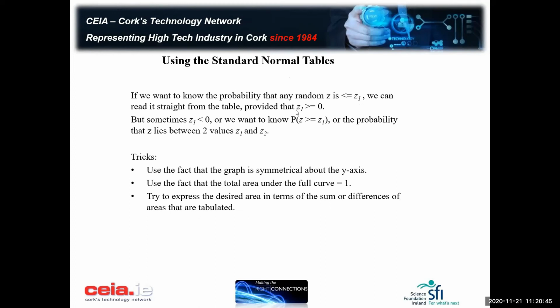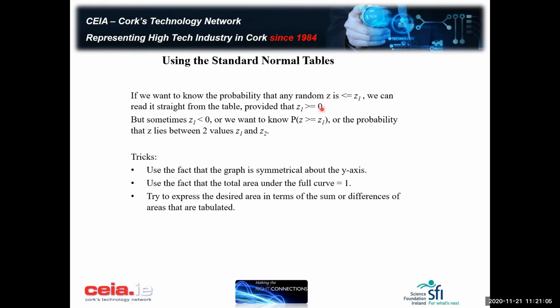Okay, let's start again. Before we continue, there was a typo earlier on in a previous slide, where I had mistakenly written 0.5 there.